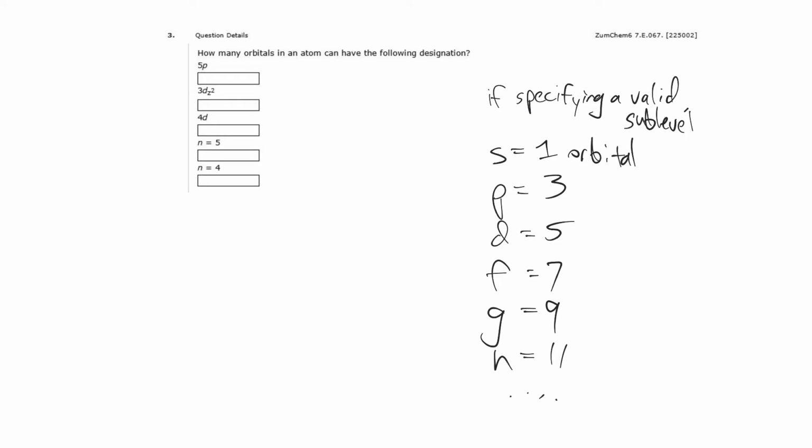The other thing that's important about this problem that will distinguish it from other problems in this WebAssign is they're asking about number of orbitals. They're not asking us about number of electrons. For any valid orbital, you can have up to 2 electrons in it. But in this question, note to self, there's only the number of orbitals that they're asking for.